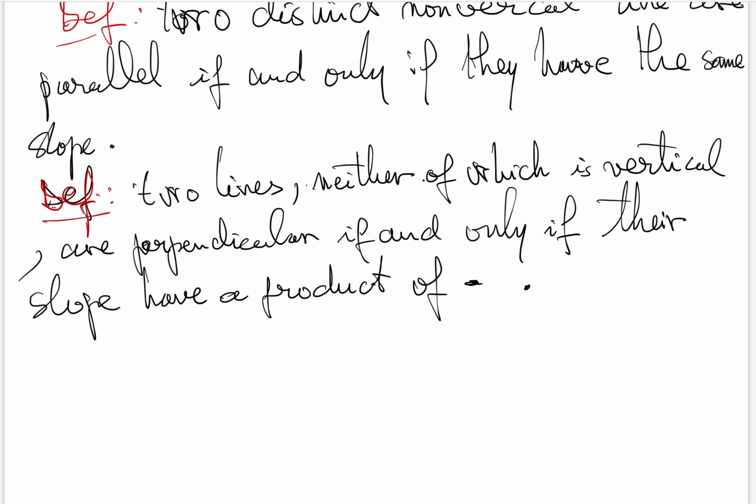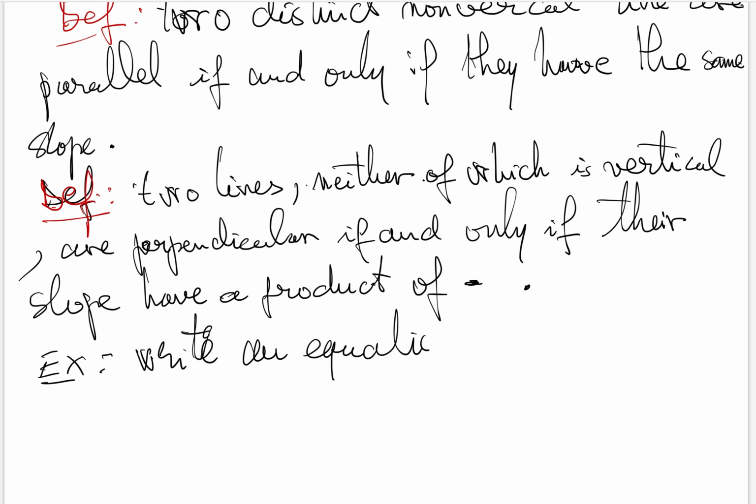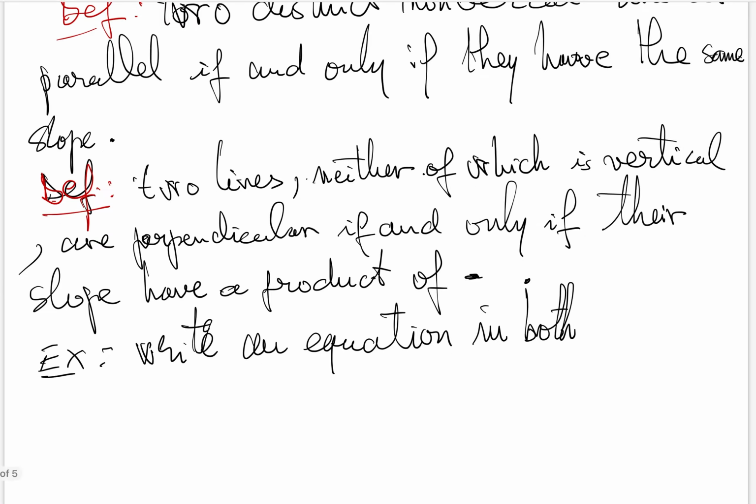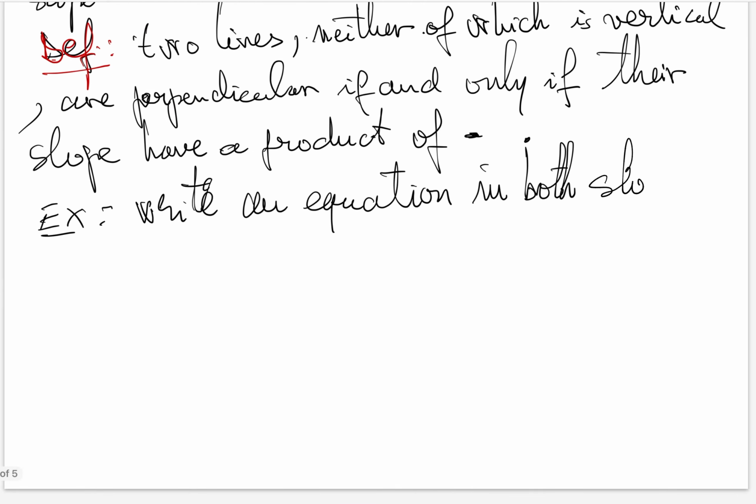Let me give you one example. Let's do some examples so it will be easy for you to do the exercise. Write an equation in both slope-intercept and standard form.